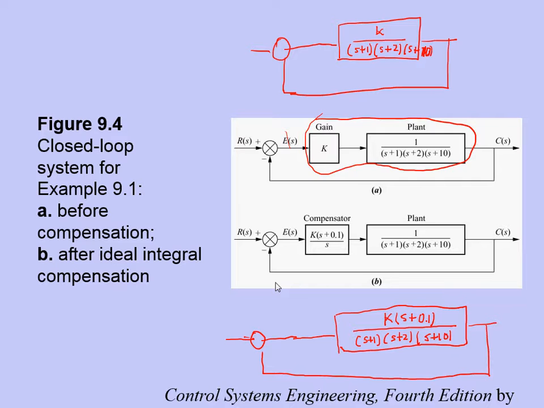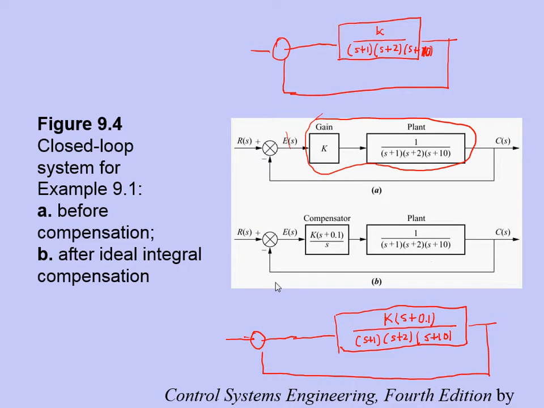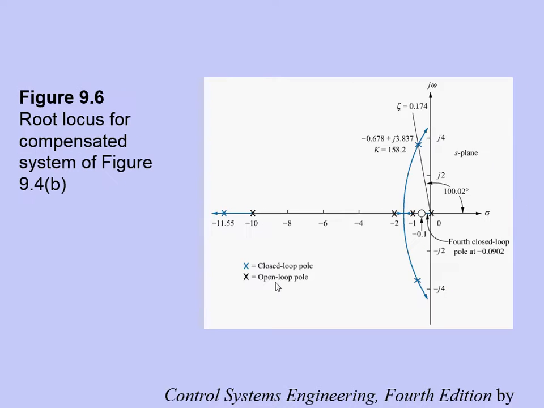I would like to propose that we go to MATLAB and we're going to see this kind of curve. You have the uncompensated system first, and then you have the compensated system.